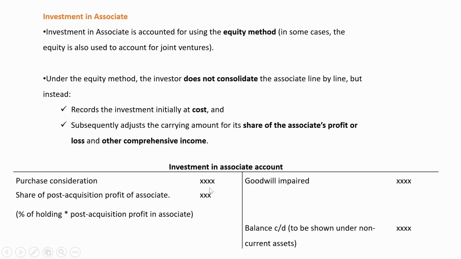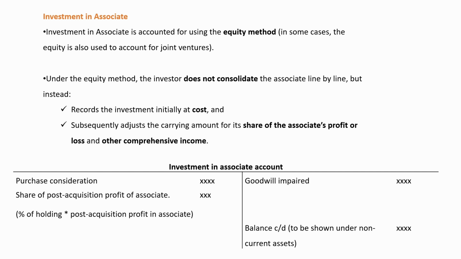But the investment can lose value. If the investment loses value, you credit. For example, goodwill impaired. It is going to make the investment lose value. So goodwill impaired will be credited in the investment in associate account. And then from there, you can find the balance carried down, which is going to be shown under non-current assets of the parent company.